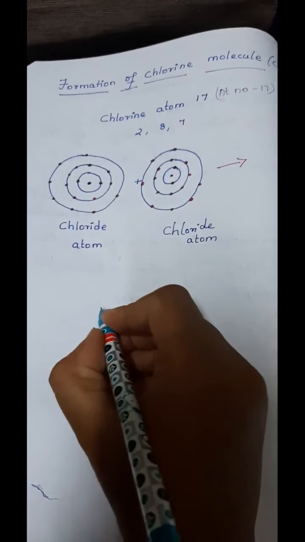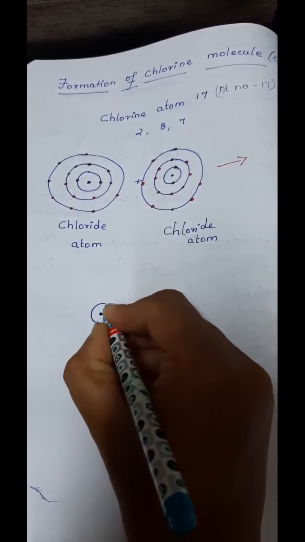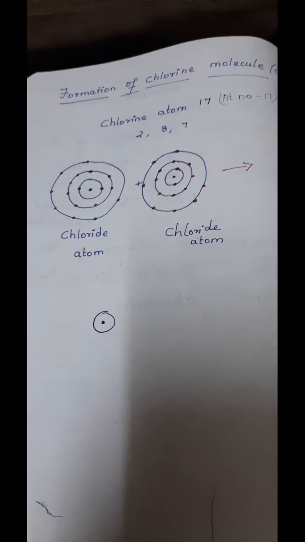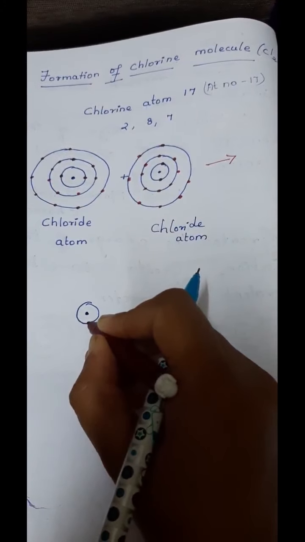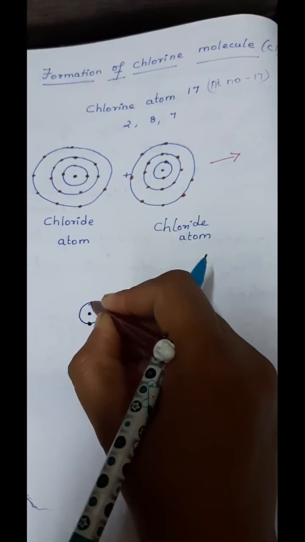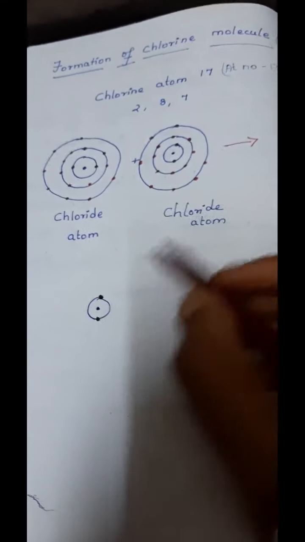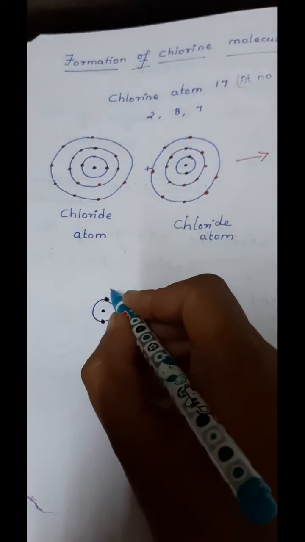Just see. This is your nucleus. This is your first shell. First shell will be having how many electrons? I have told you, first shell will be having 2 electrons. So this is your 1 electron and this is your next electron. Next your second shell will be having 8 electrons. Yes or no, children?